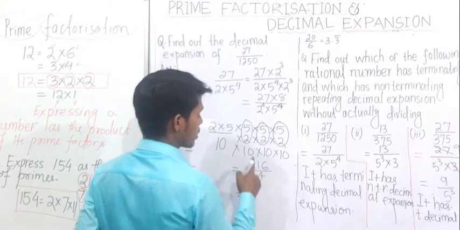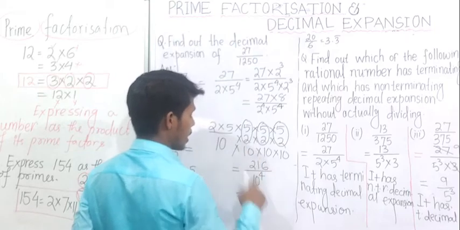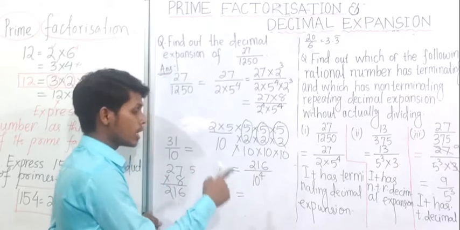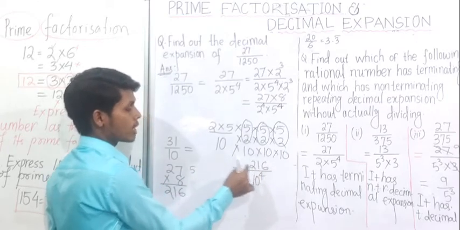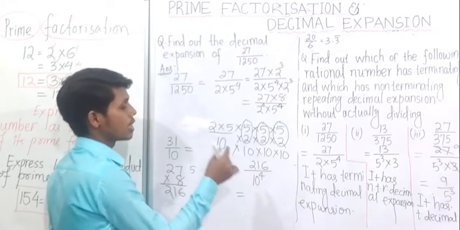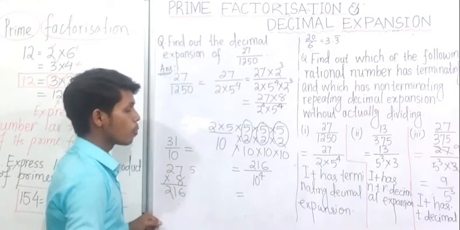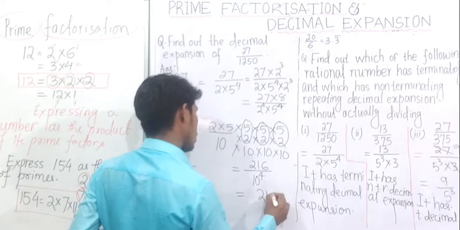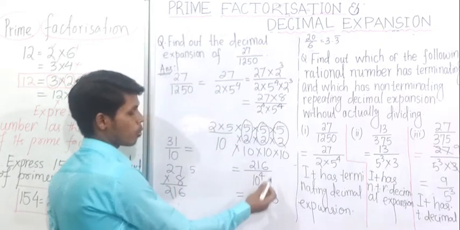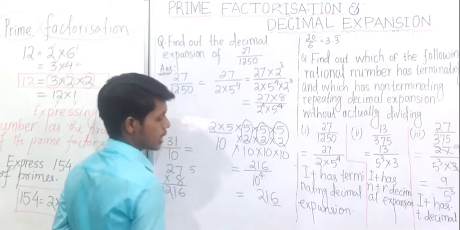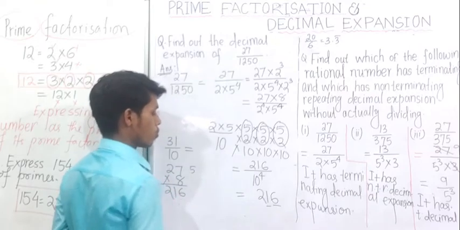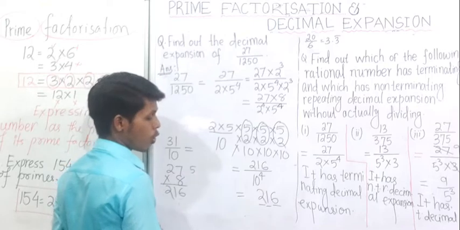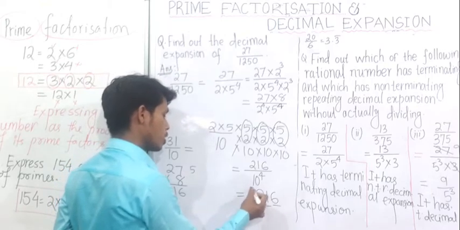Now as we had learnt very earlier, if you have 10 to the 4th power in the denominator, then you will have to leave 4 places from the right side of the numerator, then you will put the decimal point. So what will you do? We will just write the numerator first, then 10 to the 4th power means we will leave 1 place, that is 6, 2 places, 1, 3 places, 2, and there is no 4th place, so for that we will give a 0.